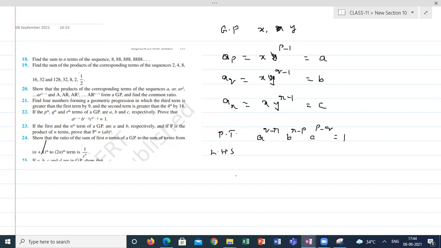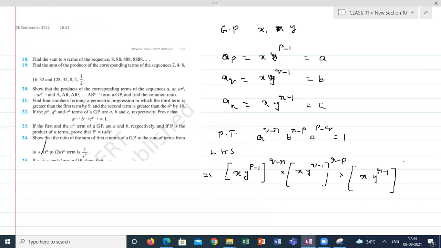I am taking LHS. My A value is X, Y power P minus 1, whole power Q minus R, into my B, which is X, Y power Q minus 1, into power R minus P. And the last one is X, Y power R minus 1, whole power P minus Q. This is my LHS.